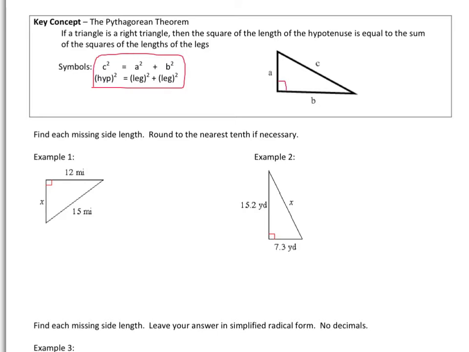And what you're doing is you're taking a square with length b on each side, and when you take the area of that, you get b squared. The other side, you take a square with side lengths a, find the area of it, and you get a squared.